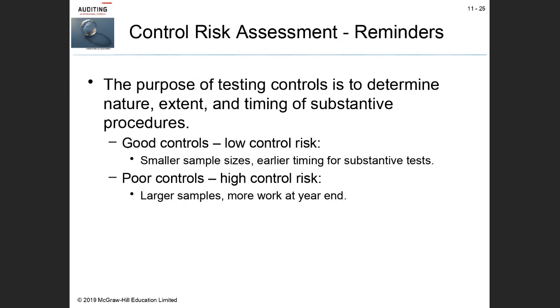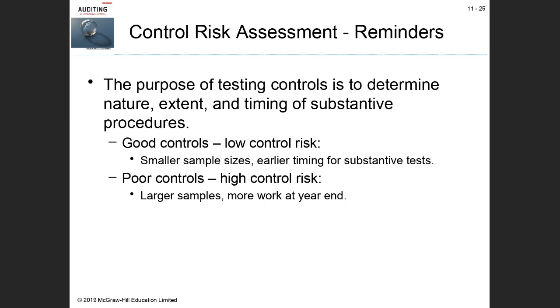With respect to the control risk assessment that the auditors perform, always keep in mind that the reason we're doing the assessment of internal control is to determine the nature, the extent, and the timing of the substantive procedures. By nature, we mean, are we going to do tests of detail, or are we going to do analytical procedures?